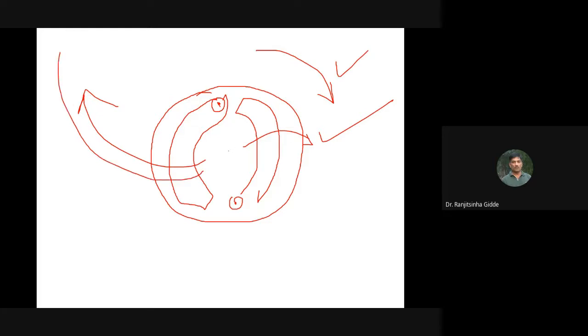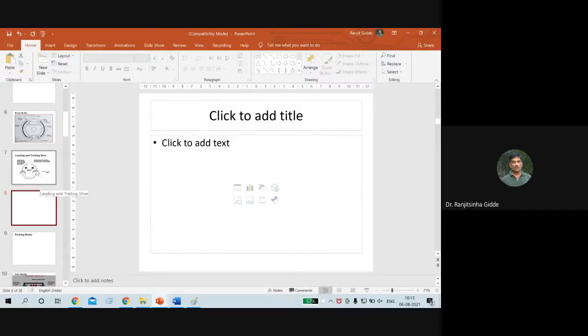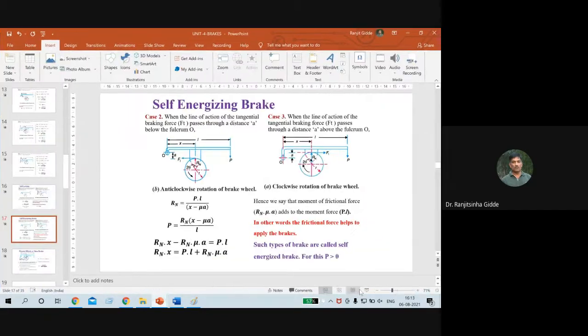So such a phenomenon is called self-energization and that is useful in applying the brakes. So in modern automobiles such a self-energizing system is provided. Okay.